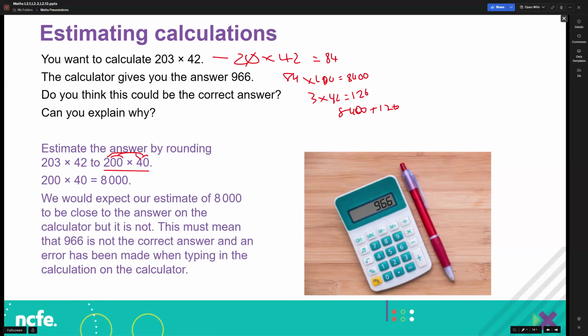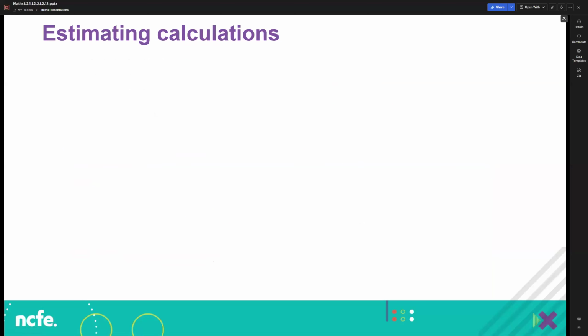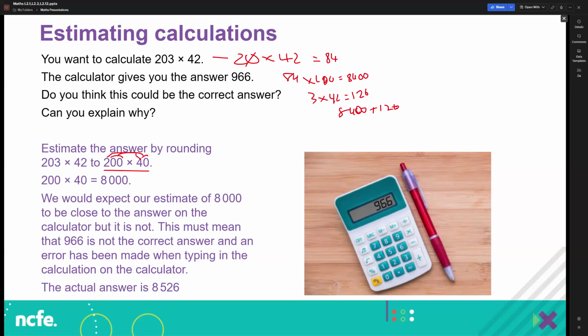So we would expect our estimate of 8,000 to be close to the answer on the calculator, but it is not. This must mean that 966 is not the correct answer, and an error has been made when typing in the calculation on the calculator. Hope that makes sense. And I think we got the right answer. Yeah, 8400 plus 126 is the same as 8526.